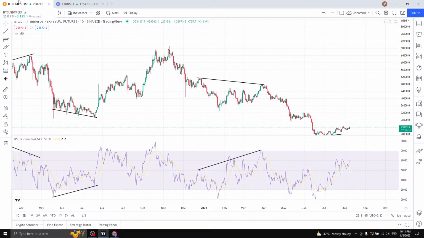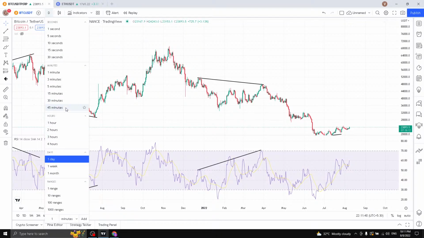Explain in lower time frame. All right, I'll just show you guys a 15-minute chart.